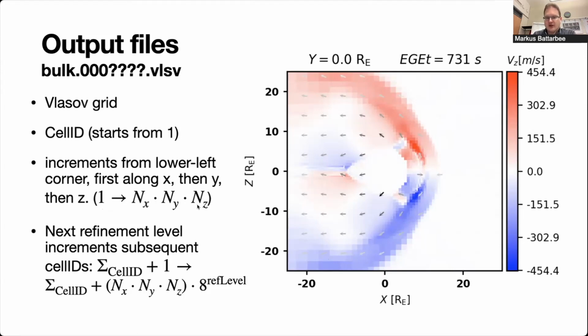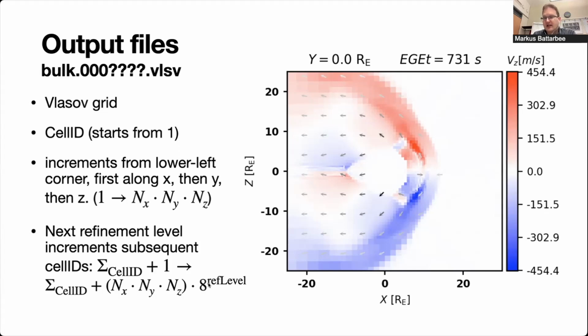And so on the 0th level of refinement, you will have NX times NY times NZ cell IDs. The next refinement level increments the subsequent cell IDs. So we start from what we have received on lower refinement levels, and then the next one adds 8 to the power of the refinement level.